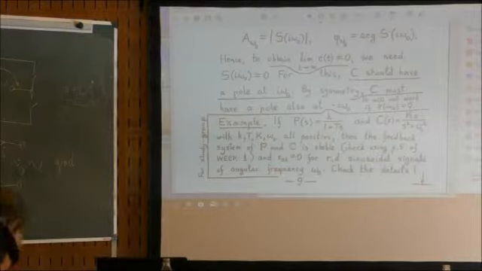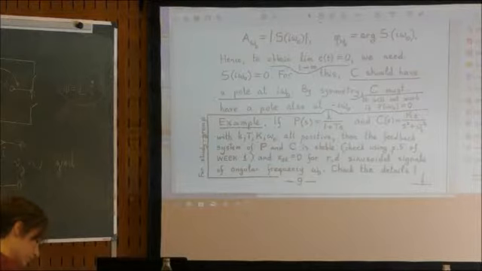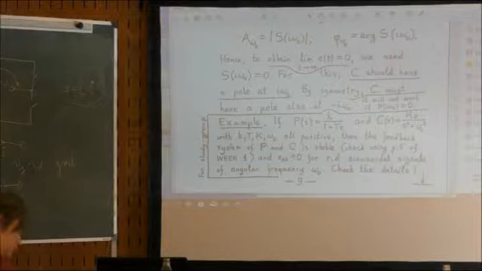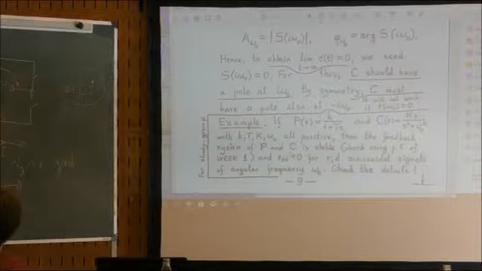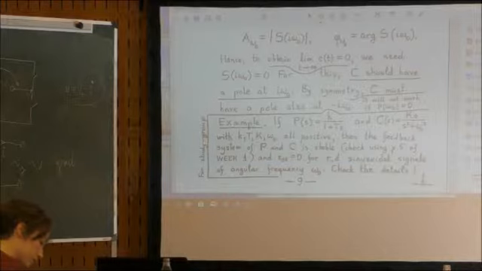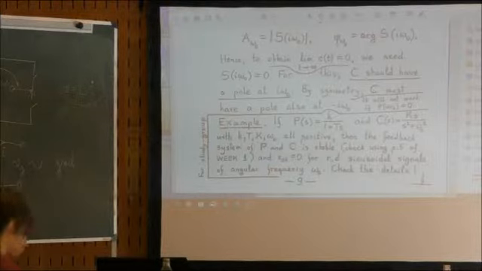Do you know what RMS stands for? Root mean square. It means you average the square of I and take the square root of it. Sometimes they call it the effective value. So this is the RMS value of the current times the RMS value of the grid voltage, times the cosine of the phase difference between this sinusoidal signal and this sinusoidal signal.